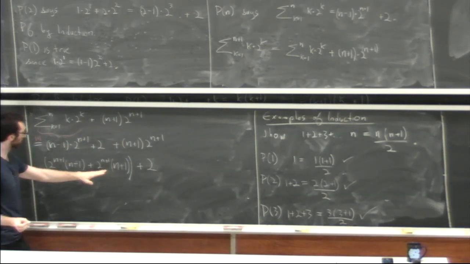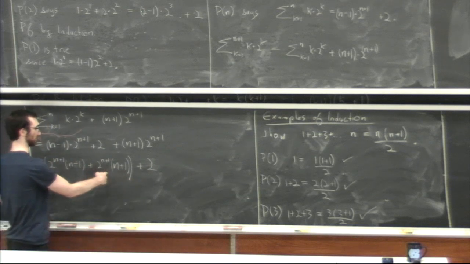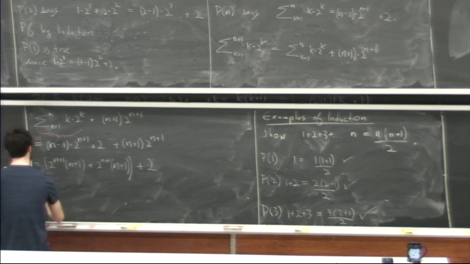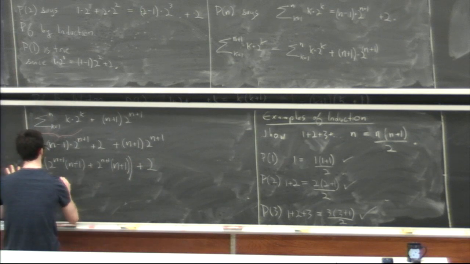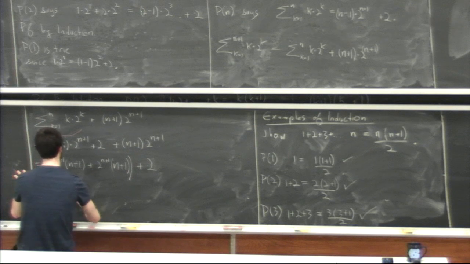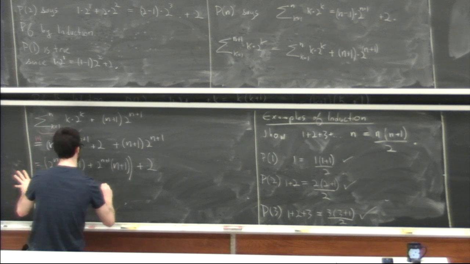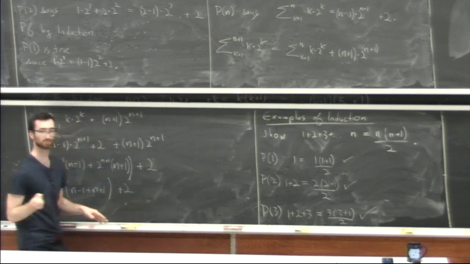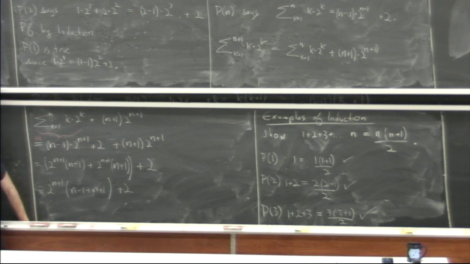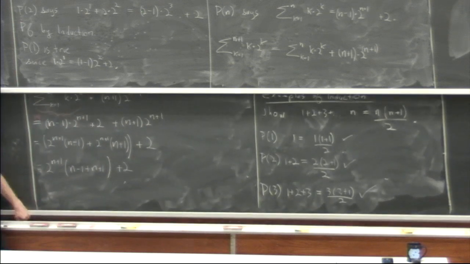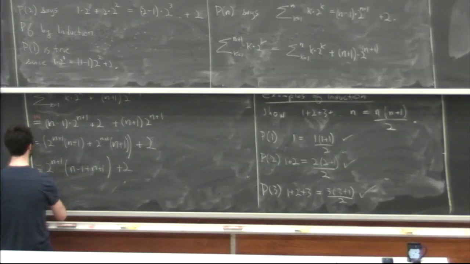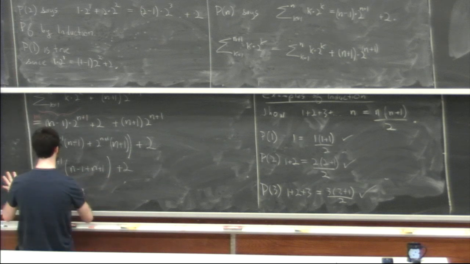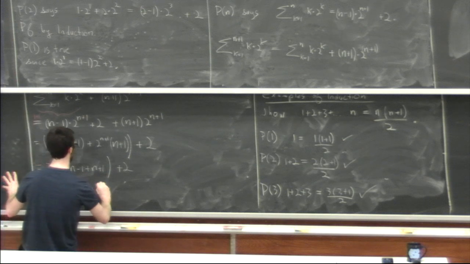That's fine. Then I'm going to pull out the 2 to the n plus 1 from this expression. I can factor it out from both of these terms, leaving the 2 alone. So this is equal to 2 to the n plus 1 times n minus 1 plus n plus 1, plus 2. And with a little more algebraic manipulation, this is equal to 2 to the n plus 1 times 2n plus 2.